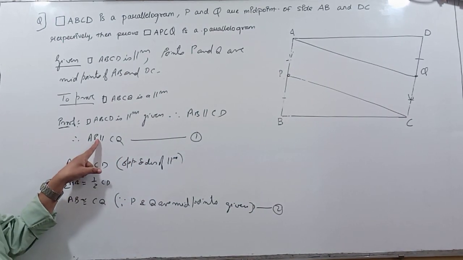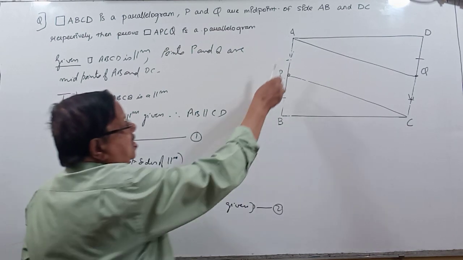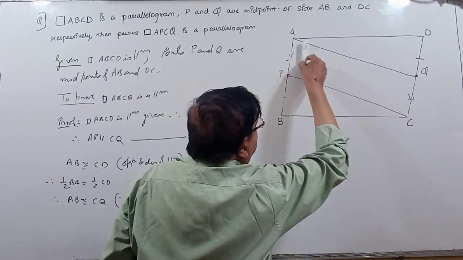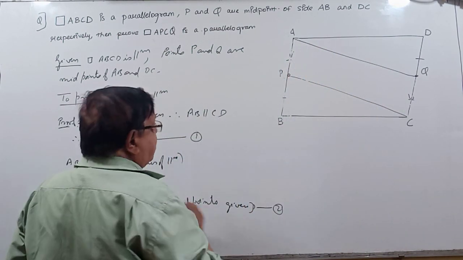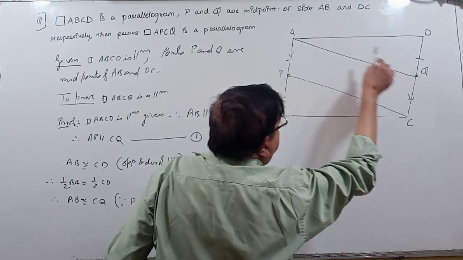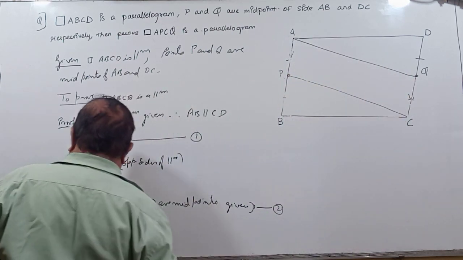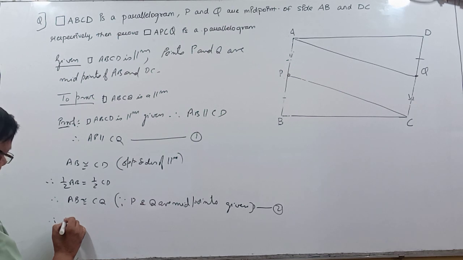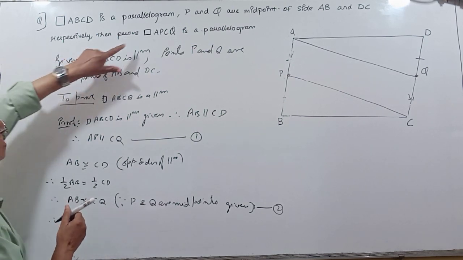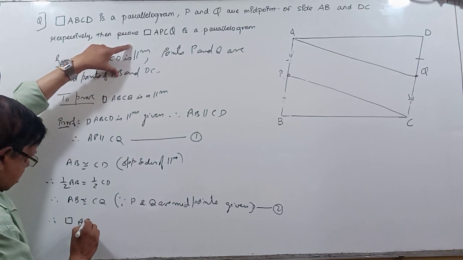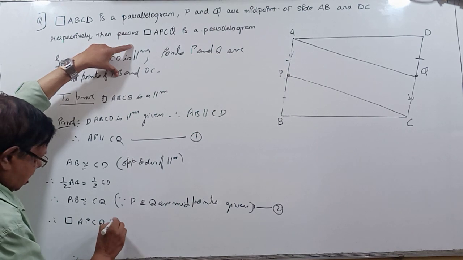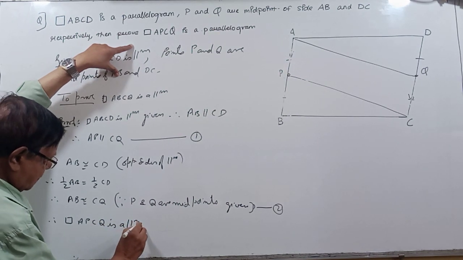What is given in 1? AP parallel to CQ is given in 1. What is given in 2? AP congruent to CQ. Therefore, what do we have to prove about the quadrilateral? APCQ is a parallelogram.